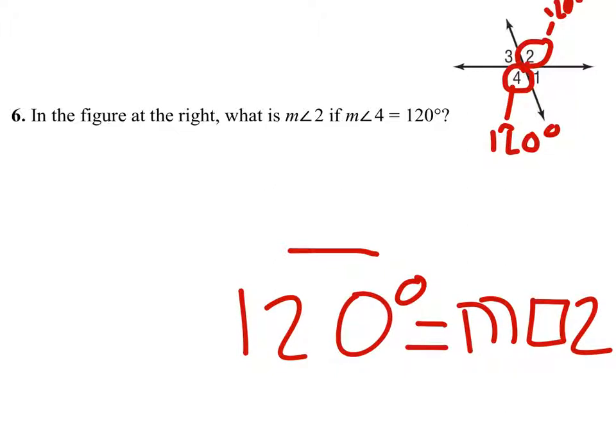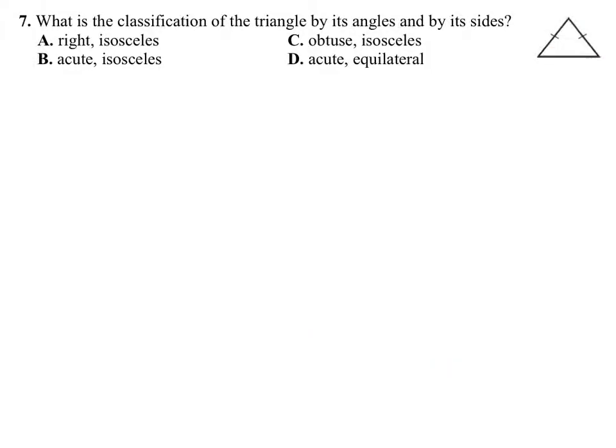All right, excellent work. Very nice. What is the classification of the triangle by its angles and sides? This one's multiple choice, not like the last one. All right, good luck. So it's B, because it's isosceles, which has 2 equal sides, and those marks represent equal.